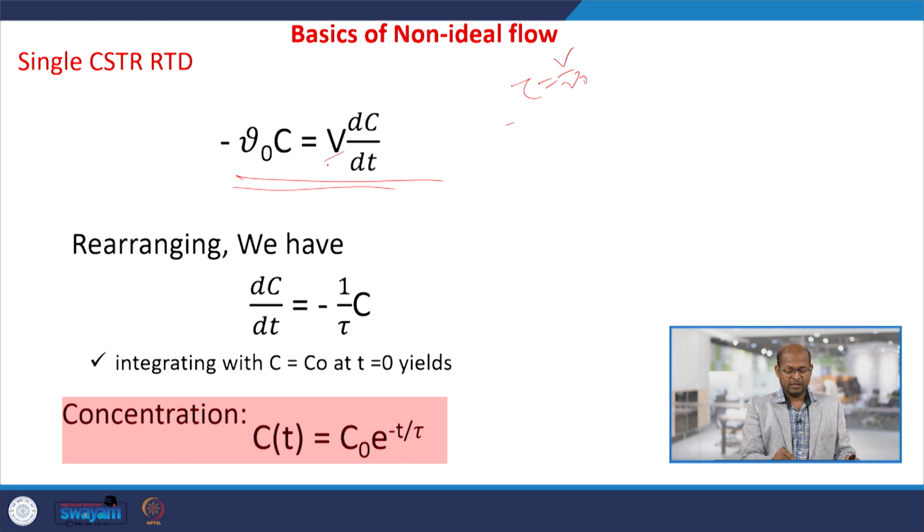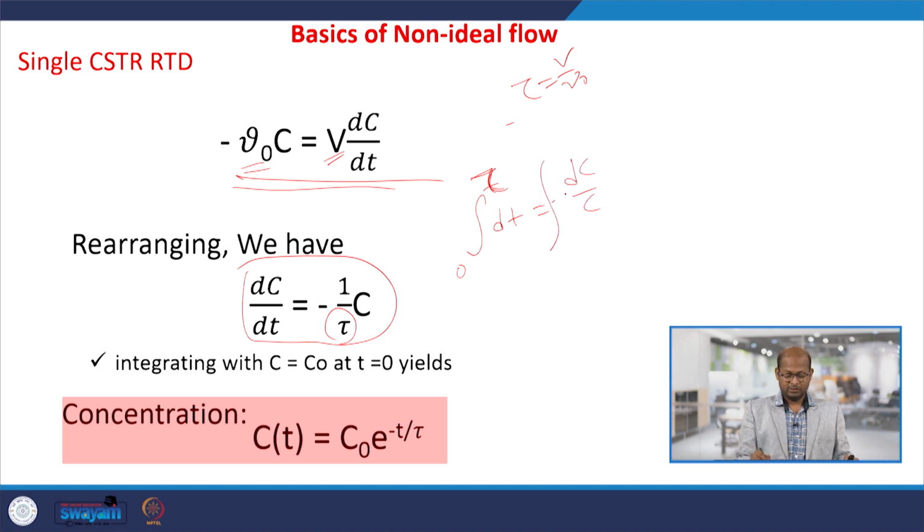After rearranging we get this, and now we integrate these differential equations from 0 to t, with dt. Here the equation dC by C also comes. If we integrate this with respect to this, we can get the concentrations.